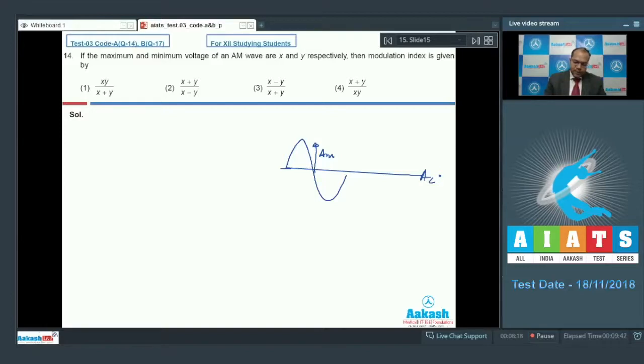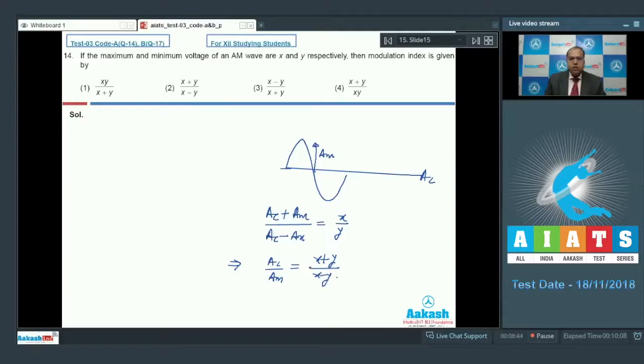So the maximum voltage of an AM wave is AC plus AM and the minimum voltage is AC minus AM. It is given in the question equal to x upon y. If I apply componendo and dividendo, the value of AC upon AM comes out to be x plus y divided by x minus y.